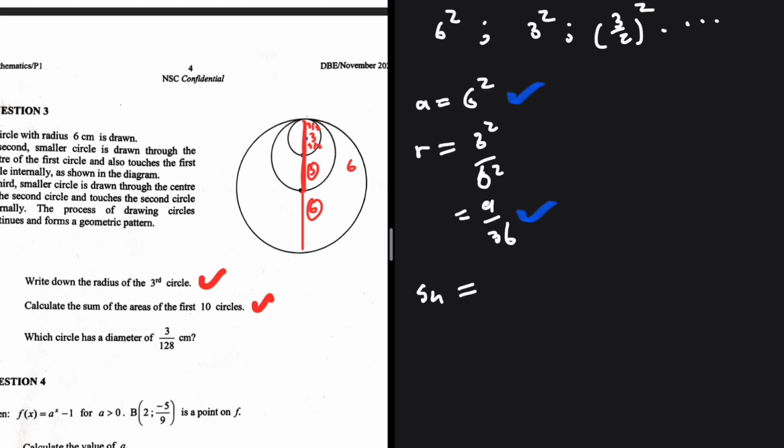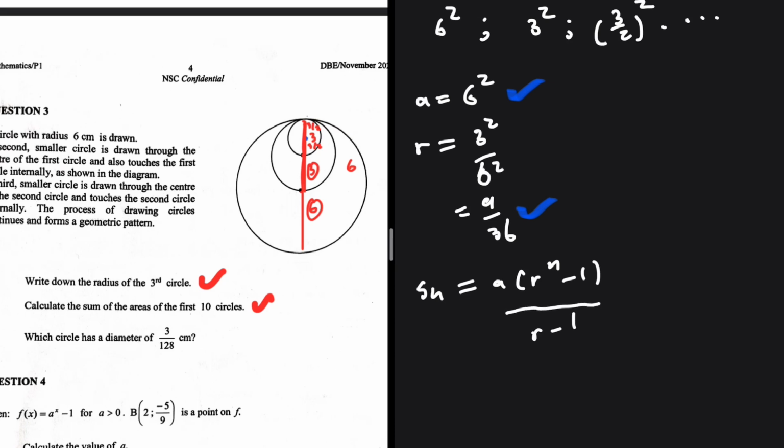Don't want to make any mistakes here. The sum of n terms in our formula sheet is given as a(r to the n minus 1), everything divided by r minus 1. That's what we're given.